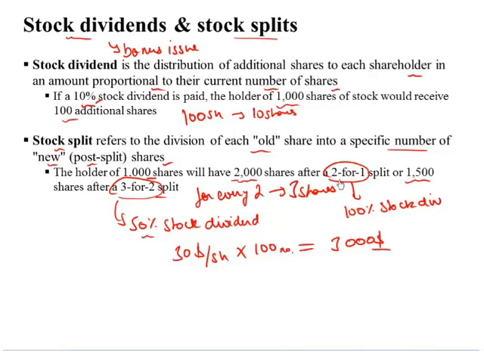If the company does a 2-for-1 split, let's assume, so these 100 shares would become how many shares now? A 2-for-1 split or a 100% stock dividend would make these 100 shares into 200 shares that I own now. Now, a 2-for-1 split may double the number of shares, but will it double the company's customers?